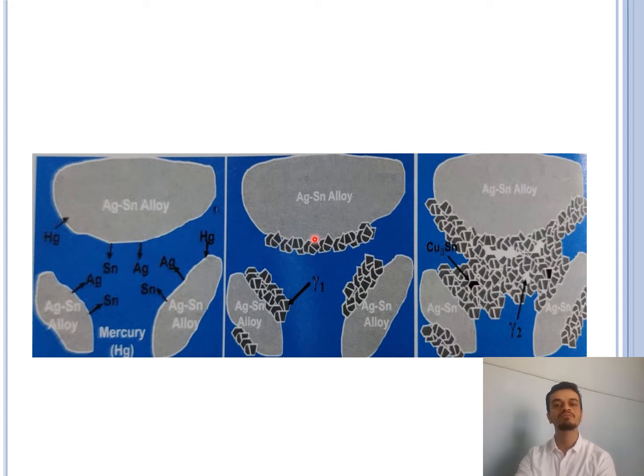As the reaction proceeds, there occurs more and more formation of gamma 1 crystals. Also there is formation of gamma 2 crystals. So we can say that the set structure consists of unreacted silver tin alloy embedded in the matrix of gamma 1 and gamma 2 alloy.